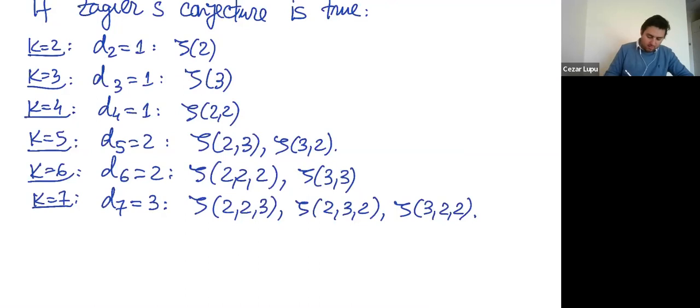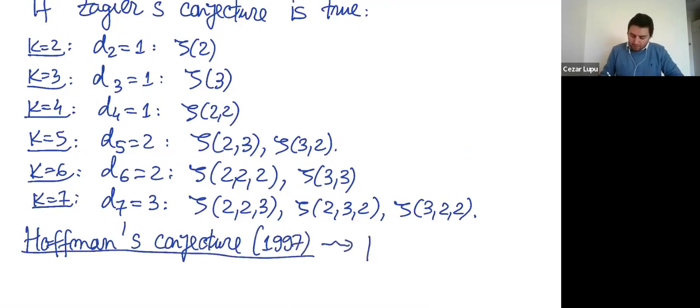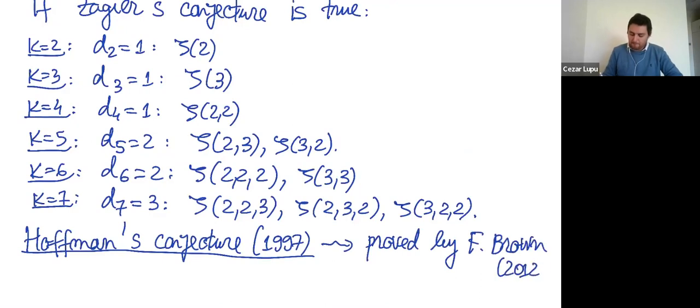And let me go back with history a bit. This was Hoffman's conjecture back in '97, and it was proved by Francis Brown in 2012 in the same paper that I just mentioned previously.